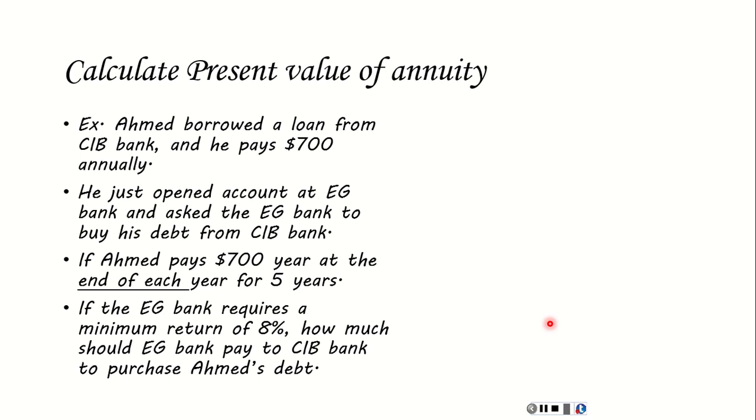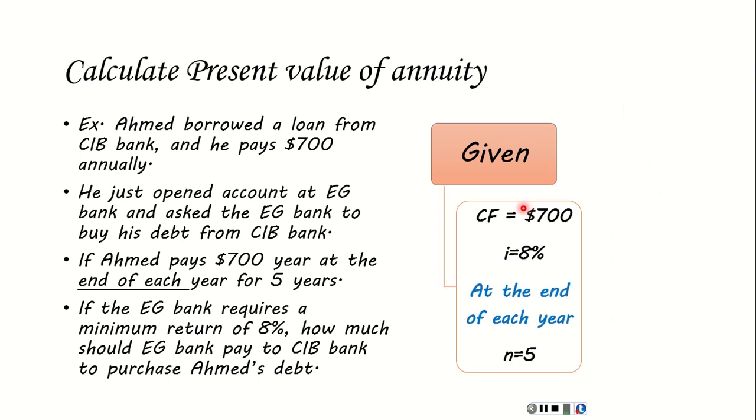In short, each bank wants to find the present value of the expected cash flow received from Mr. Ahmed at the end of each period over the next 5 years.